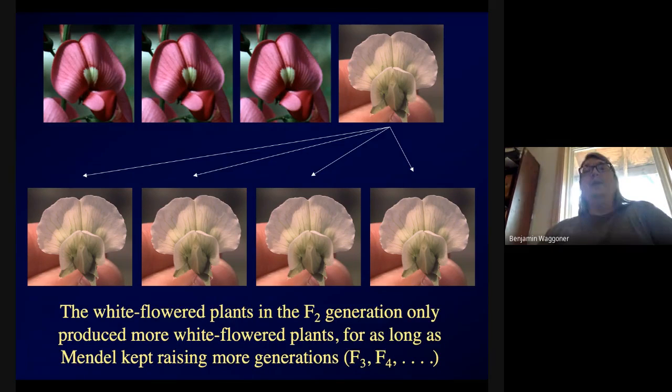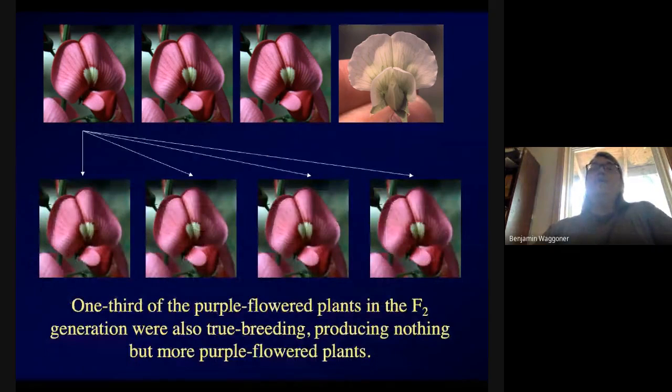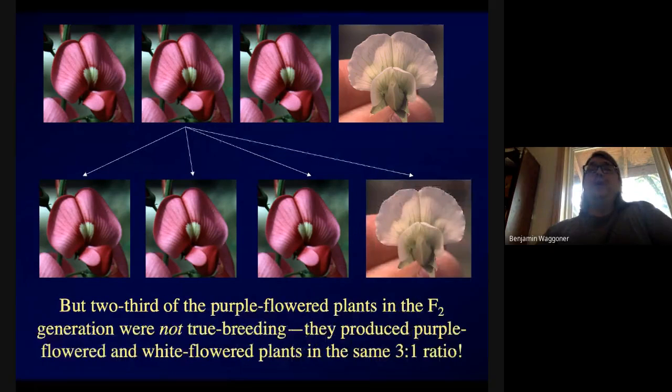Your F2 would give you an F3 generation that was all white, which would give rise to an F4 that was all white, and so on. 1/3 of his purple-flowered plants in the F2 generation also produce nothing but more purple-flowered plants. But 2/3 of his purple-flowered plants would produce purple-flowered and white-flowered plants in that same 3-to-1 ratio.